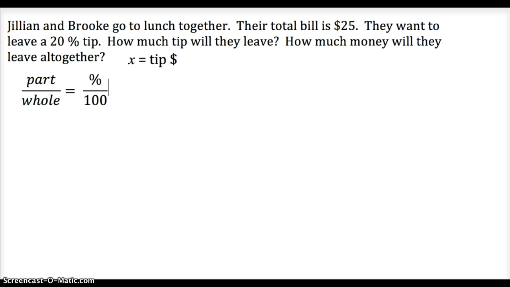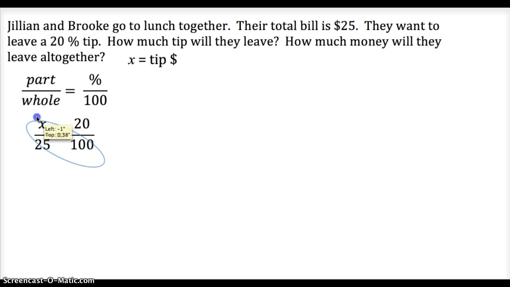When we plug all of our information in, we get x, our tip money, over 25, the whole, is equal to 20 over 100, because 20% written as a fraction is 20 over 100. Miss Meckery taught us that when we see this, we need to cross multiply.